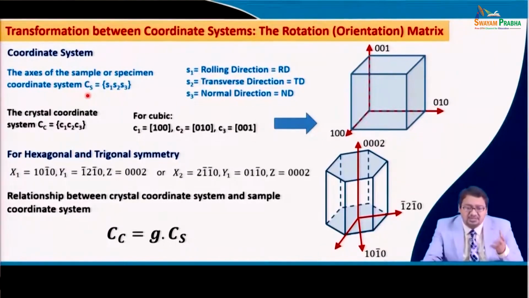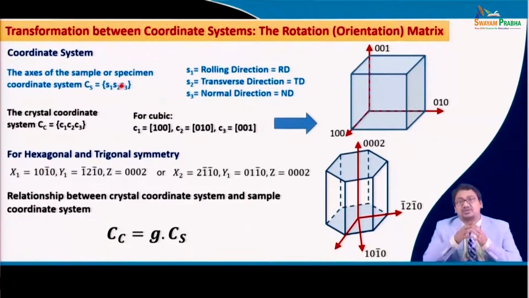So, S 1 is equal to the rolling direction, R D, S 2 is equal to the transverse direction, T D, and S 3 is the normal direction, N D. And these three important sample axes are orthonormal to each other, right. So, they are at 90 degrees to each other.